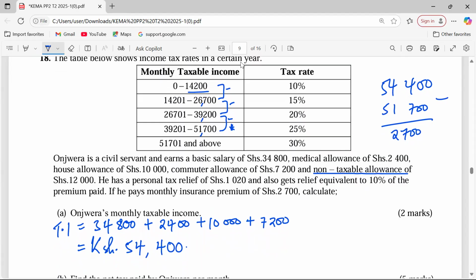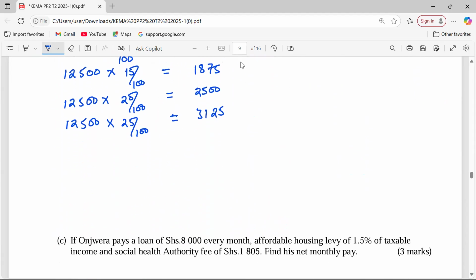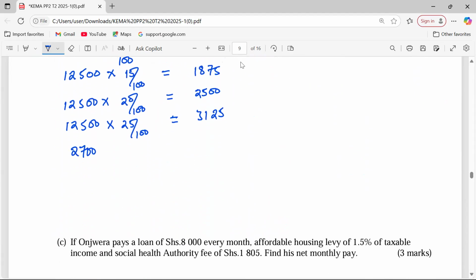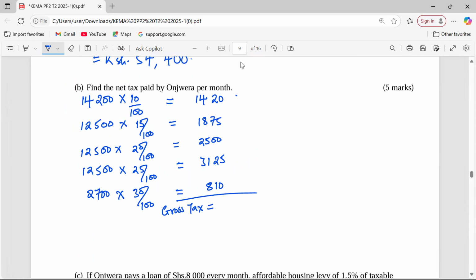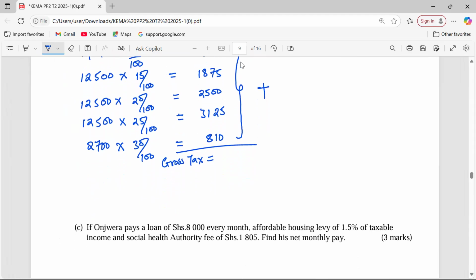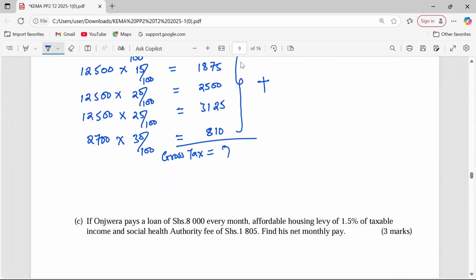So the untaxed money is 2,700, and that will be taxed at the rate of 30% per month, which is going to be 810. So when we add up all this, the value that we are getting is called the gross tax, or the total tax, which is obtained from addition of the amounts from the individual brackets. So when we add up all this, we shall get 9730.